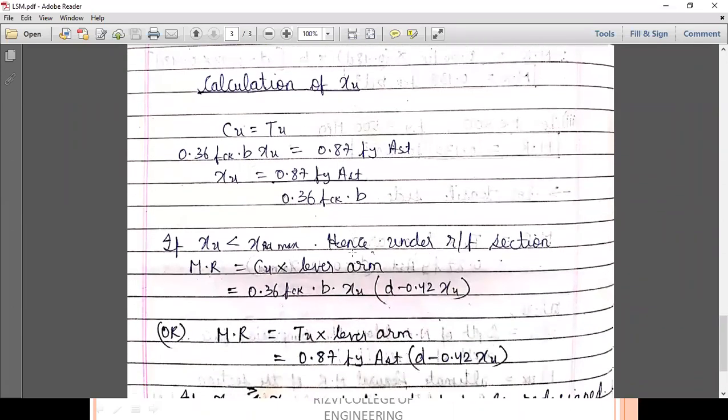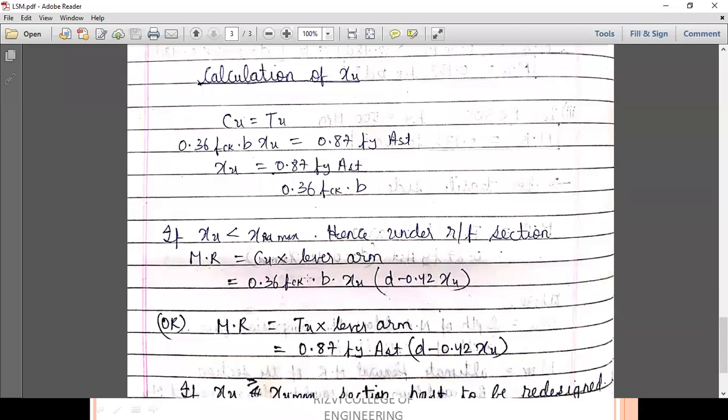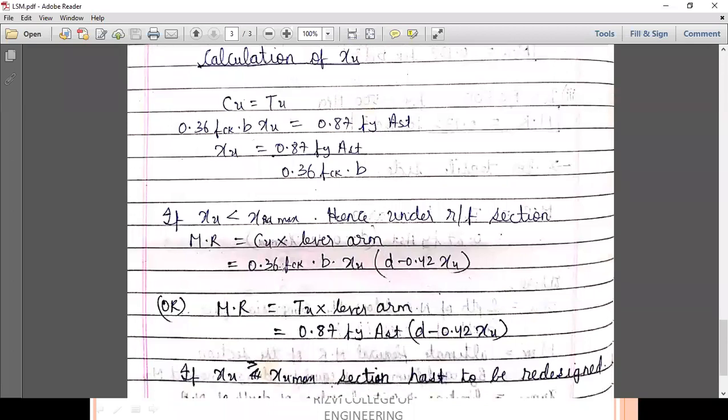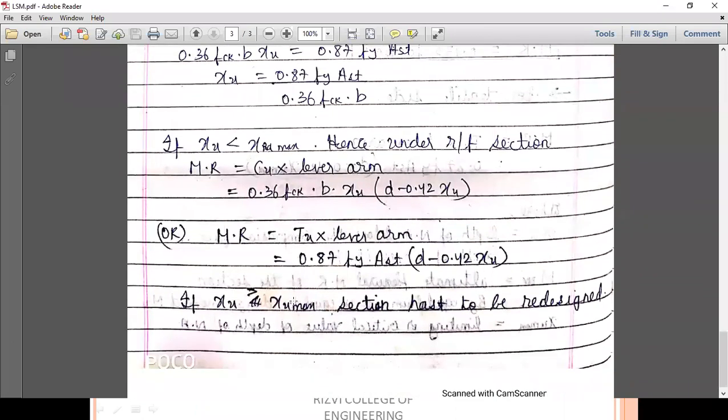Next, if Xu is less than Xu max, hence it is an under reinforced section, and then MR is given by Cu into lever arm, which is nothing but D minus 0.42 Xu. MR is also given by Tu into lever arm, 0.87 fy into Ast into D minus 0.42 Xu.